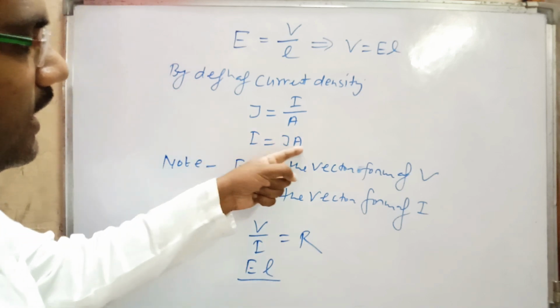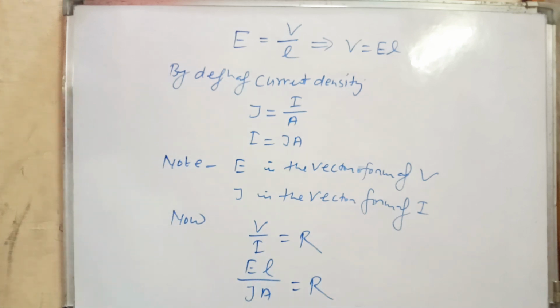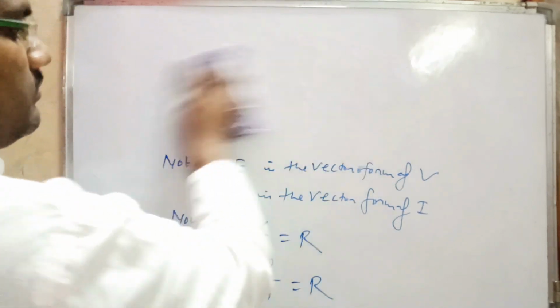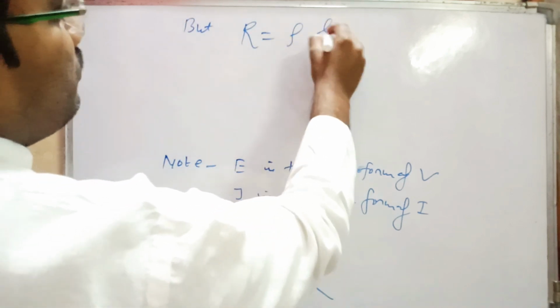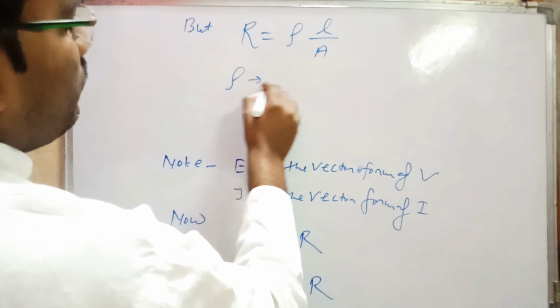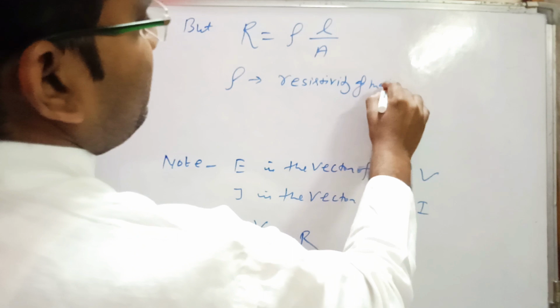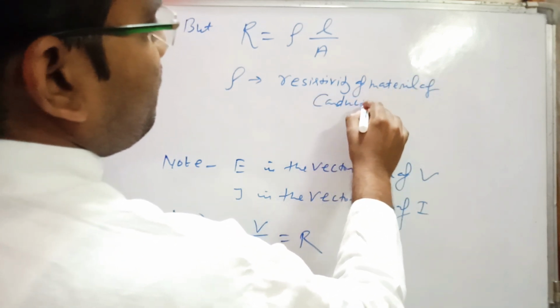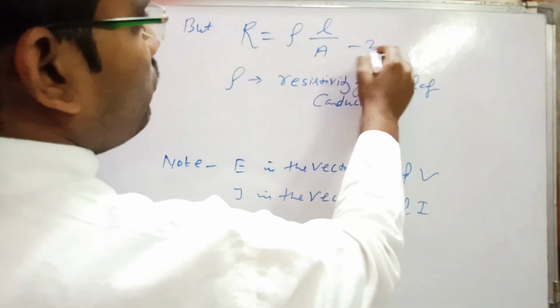The value of I is JA, so JA is equal to R. Now we substitute the value of capital R. Capital R is equal to rho l by A, where rho is the resistivity of the material of the conductor. So now we equate equation 1 and equation 2 and we get here.